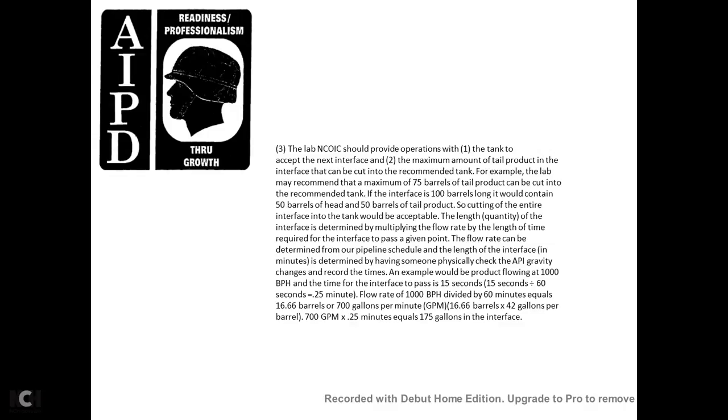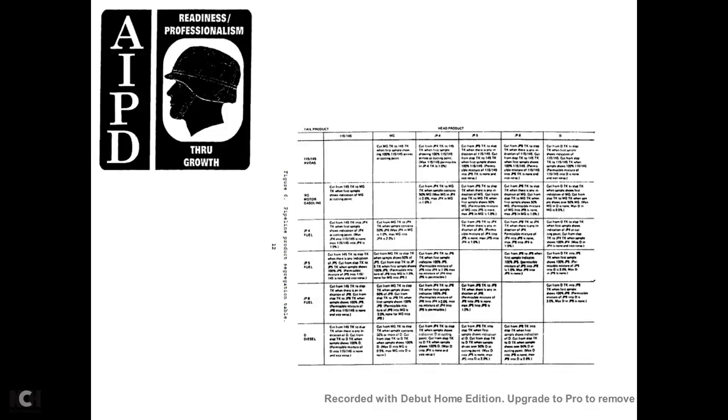The time for the interface to pass is 15 seconds; 15 seconds divided by 60 seconds equals 0.25 minutes. At the flow rate of 1,000 barrels per hour divided by 60 minutes, that equals 16.66 barrels per minute, or 700 gallons per minute, with the 16.66 barrels times 42 gallons per barrel. 700 gallons per minute times 0.25 minutes equals 175 gallons of interface.